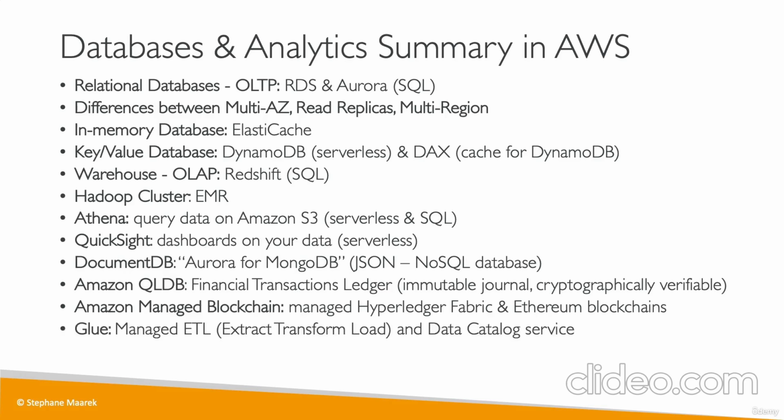Finally, if you want to have a managed extract, transform, and load tool, so ETL, we can use Glue, which also has a data catalog service to discover data sets in your various databases in AWS. And finally, if you need to move data between databases, then you would use the DMS service for database migration service. Oh, and don't forget, there is Neptune if you have a graph database.